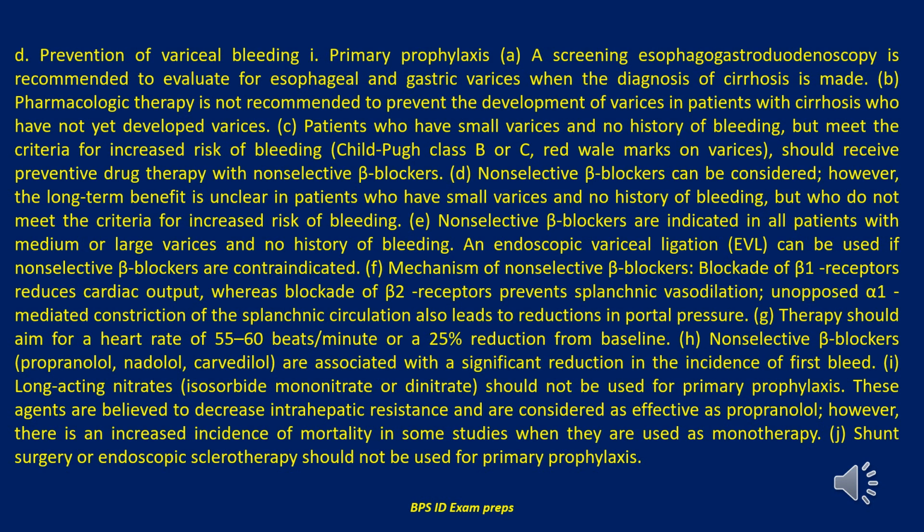These agents are believed to decrease intrahepatic resistance and are considered as effective as propranolol. However, there is an increased incidence of mortality in some studies when they are used as monotherapy. J. Shunt surgery or endoscopic sclerotherapy should not be used for primary prophylaxis.